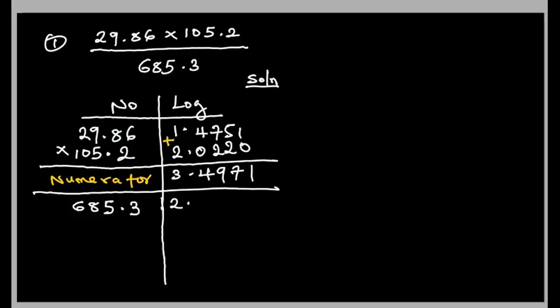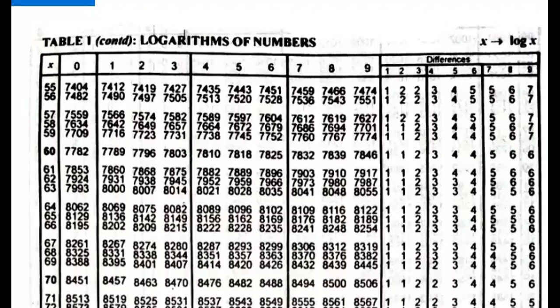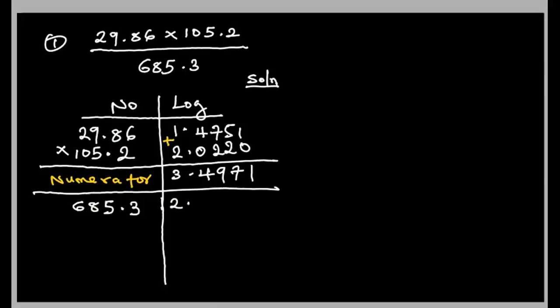When you check that, 68 under 5 is 8357, difference of 3 is 2. So when you add both values, you have 8359. So I'm going to have 2.8359, and this value is for our denominator.